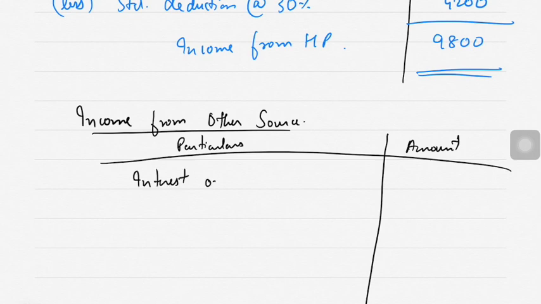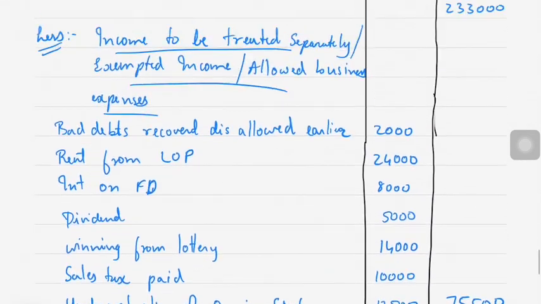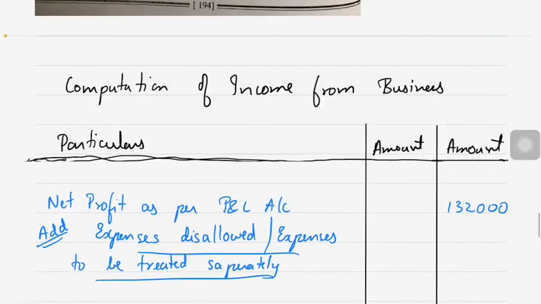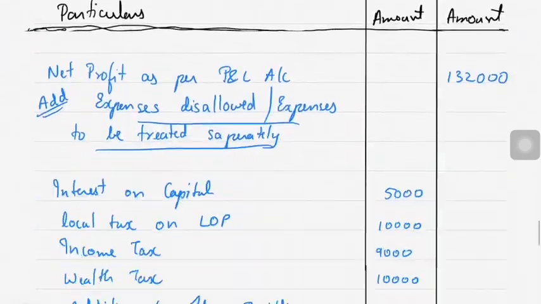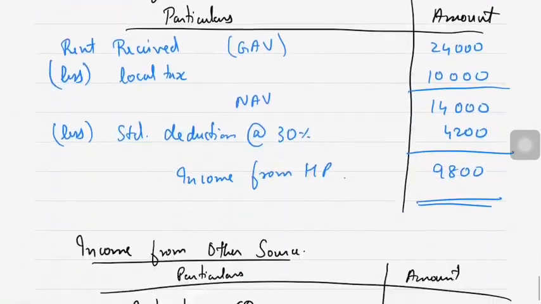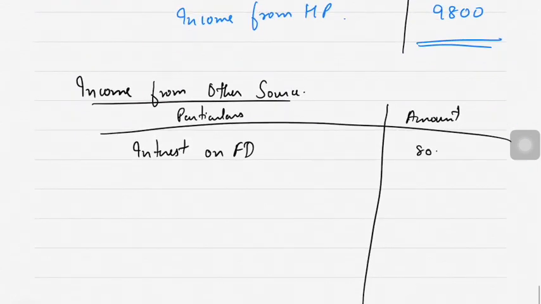So interest on FD, how much is interest on FD? 8,000.